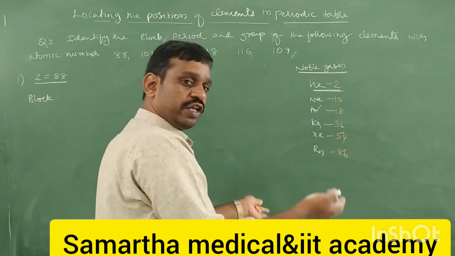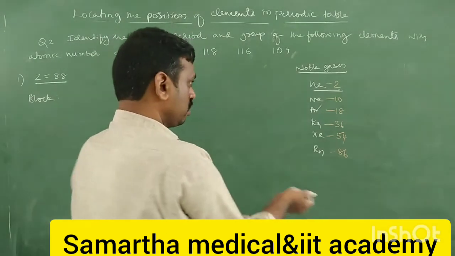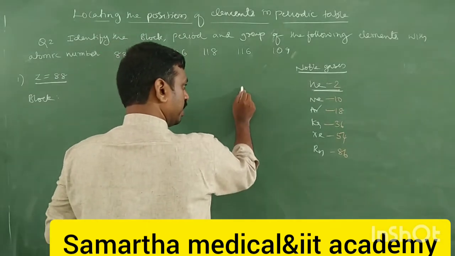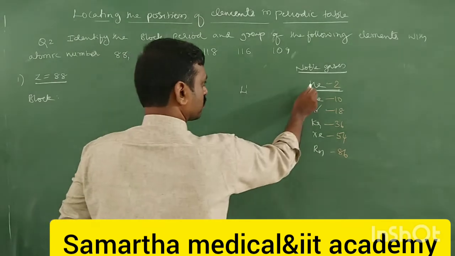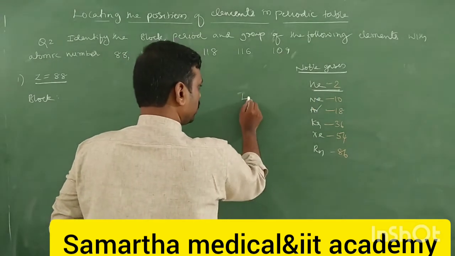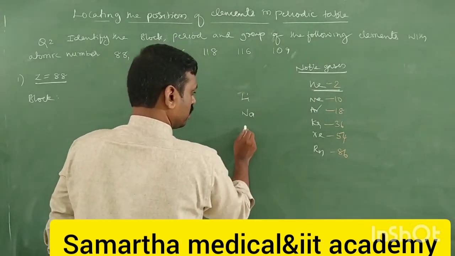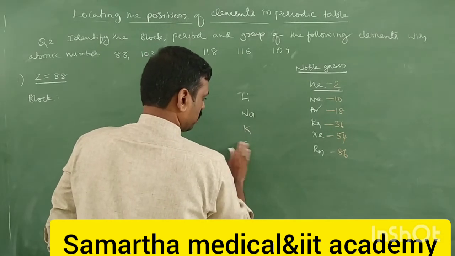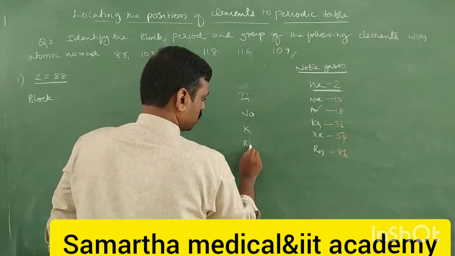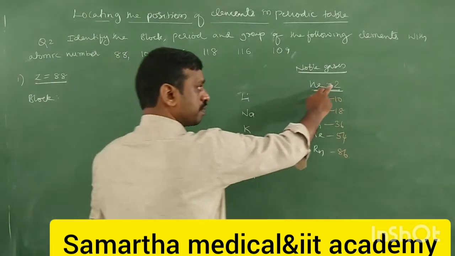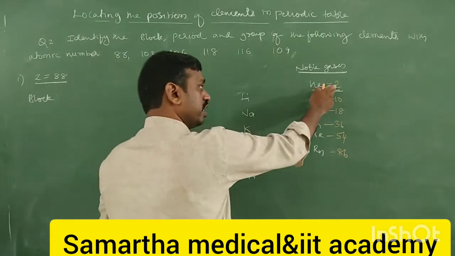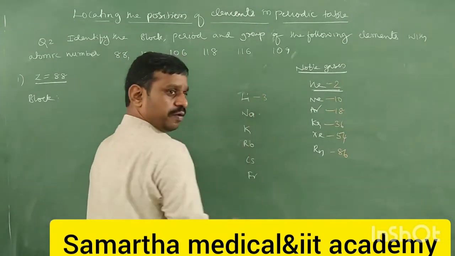Atomic number is 3. If I write the elements below lithium: lithium, sodium, potassium, rubidium, cesium, francium. Helium atomic number is 2, then after helium, lithium comes, 3.